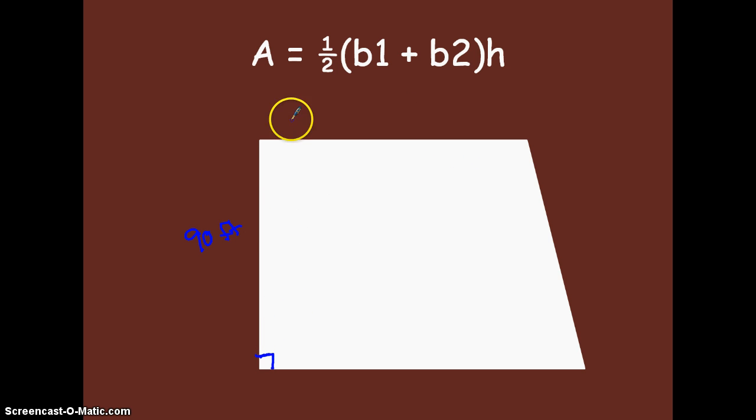And base 2, we'll say it's 100 feet. And we'll say base 1 here, we'll go ahead and call it 110 feet. And we don't really need to know this side because we've got all the information we need for our formula for area. So area equals 1/2, and base 1 is 110 feet, plus base 2, which is 100 feet, times the height, which is 90 feet.